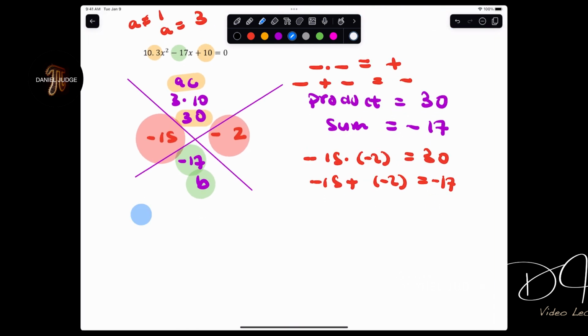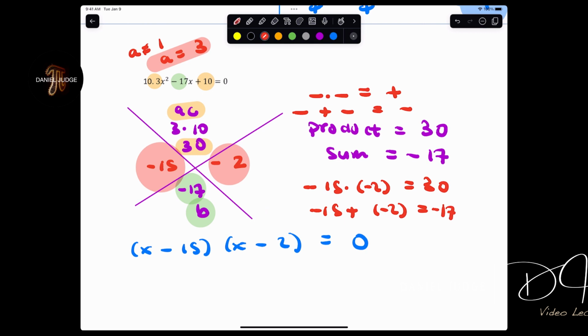Okay. So we're going to write down again x minus 15 times x minus 2, and that product will equal 0. Don't forget the a value here is 3.